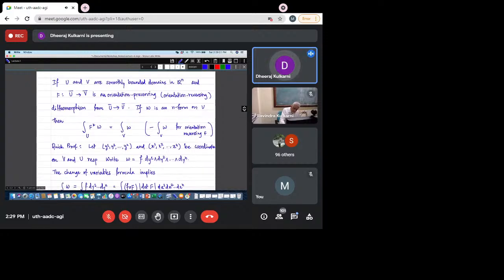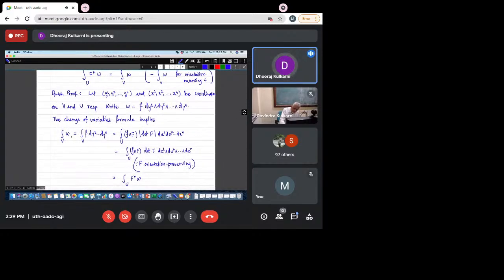Now the change of variable formula will imply the following thing. If I integrate this omega on V, then by the definition that we just introduced, we will integrate the function with respect to the volume form in this coordinate system.